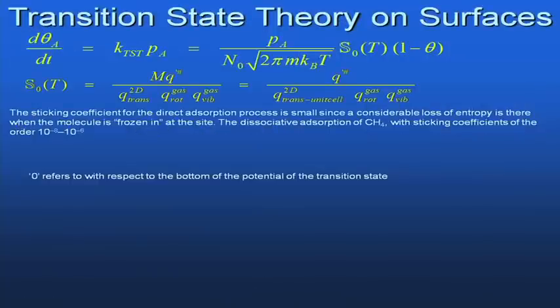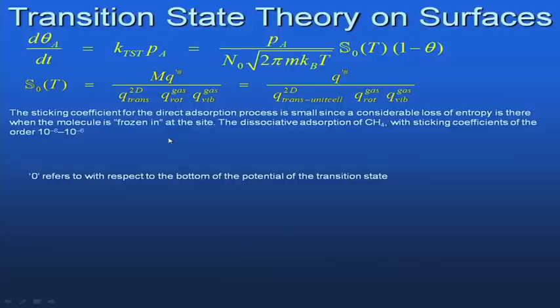Now you see that for your direct adsorption, what we get, d dt of theta is kTst Pa, which is equal to this much into S0t into 1 minus theta, and S0t is this, where 1 degree of freedom less. So this divided by q trans 2d in unit cell, the translational partition function in the unit cell, and of course the rotational partition function for the gas and vibrational partition function for the gas.